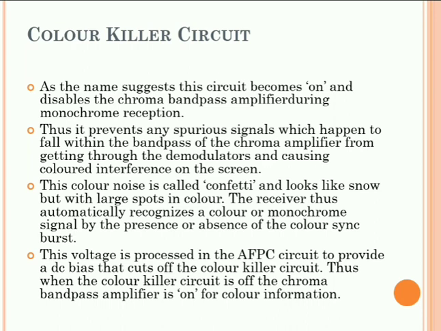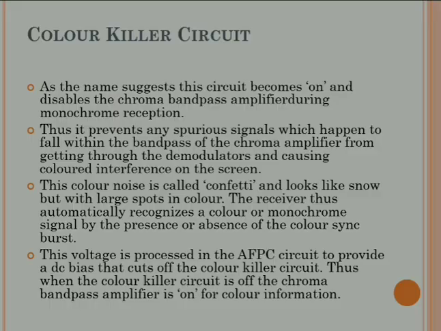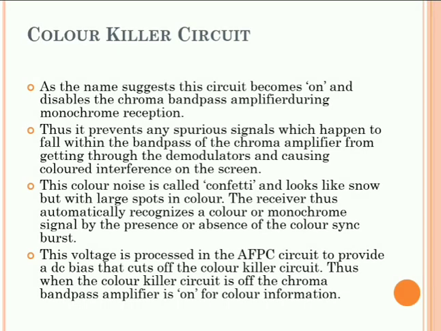Thus it prevents any spurious signal which happens to fall within the bandpass of the chroma amplifier from getting through the demodulators and causing color interference on the screen. So that noise does not get added. Color interference is nothing but a change in the color, or noise getting added, or the signal shape changing. That does not happen because of the color killer circuit, which disables that bandpass amplifier.